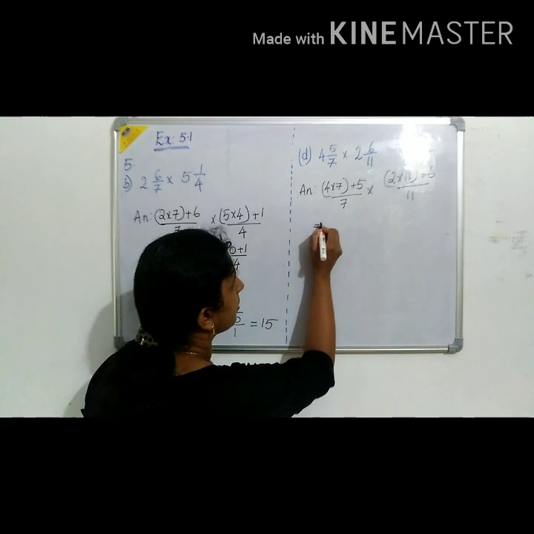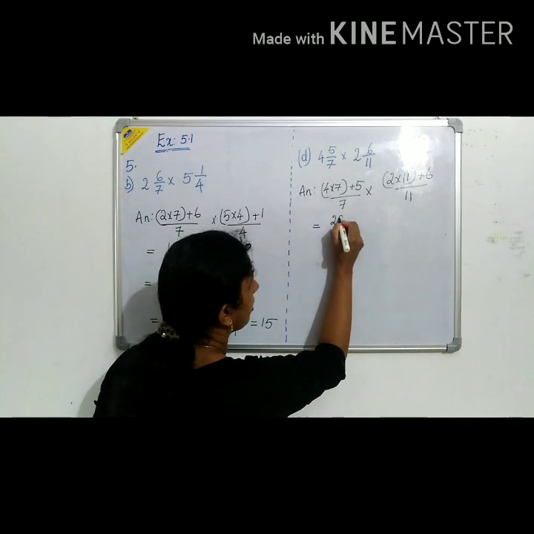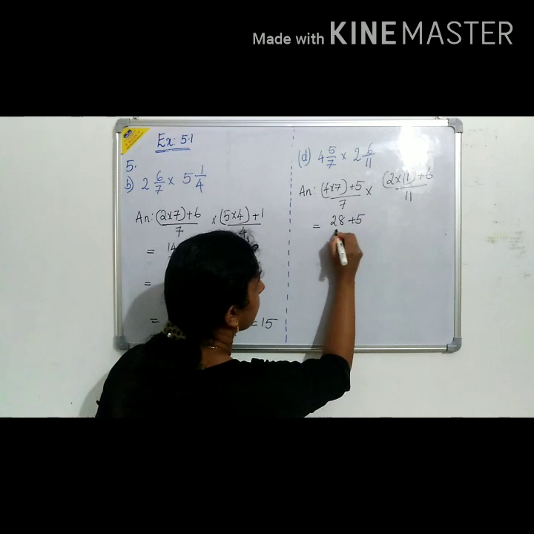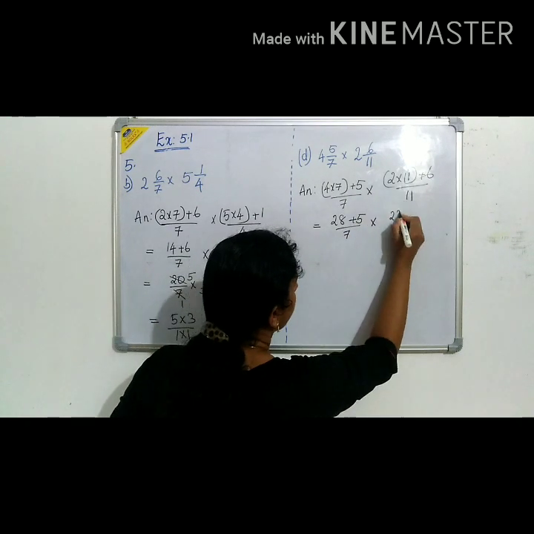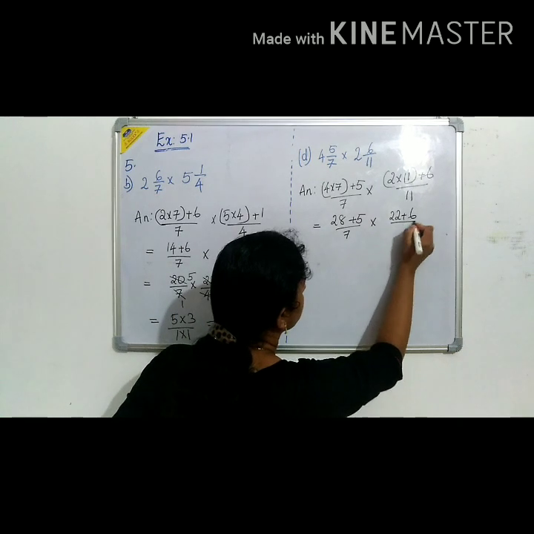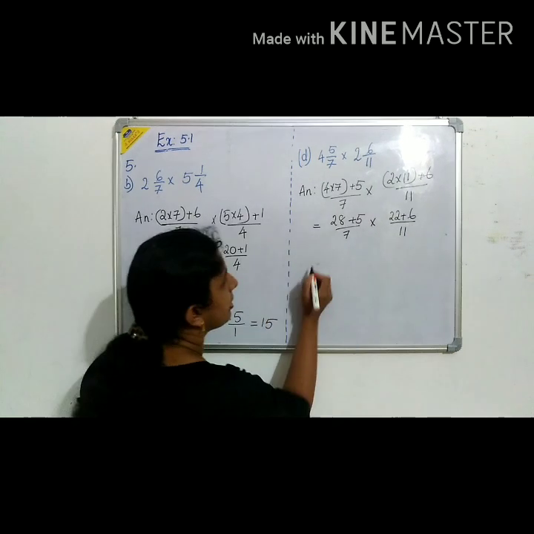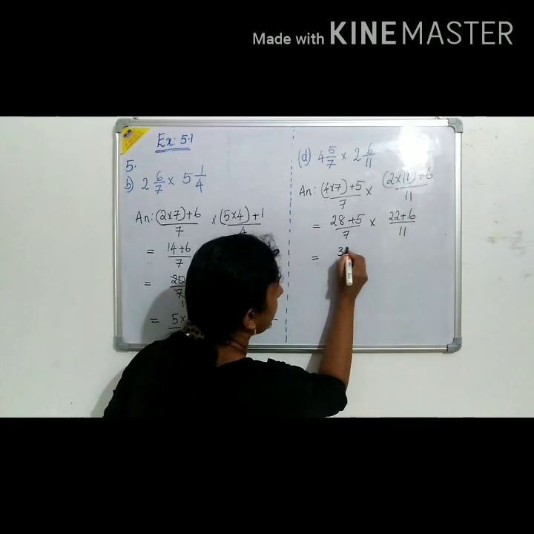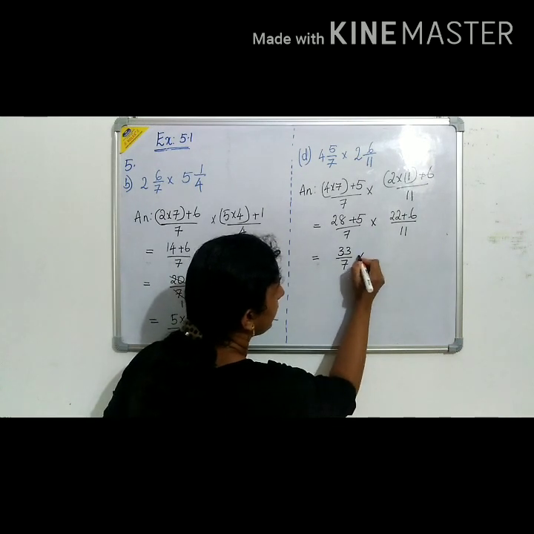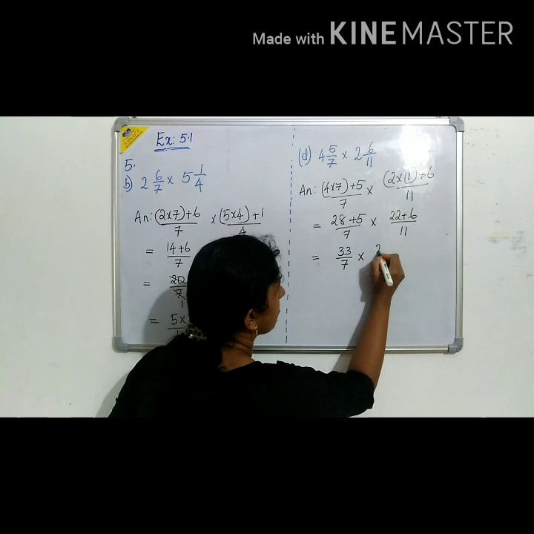And this is equal to 4 7s are 28 plus 5 by 7 into 2 11s are 22 plus 6 by 11.